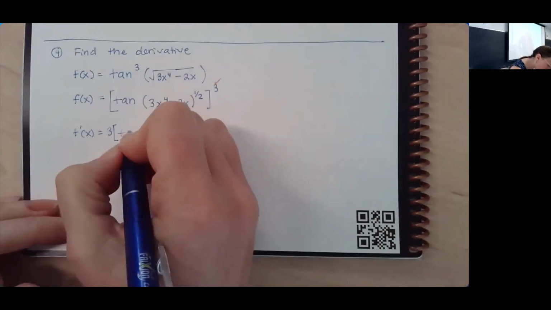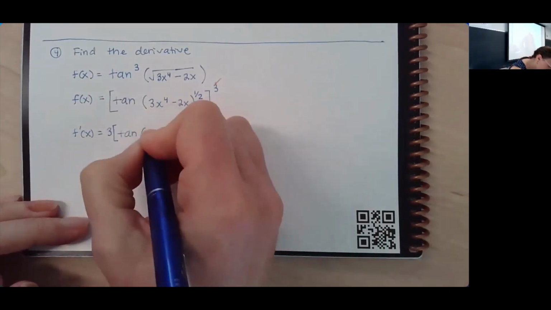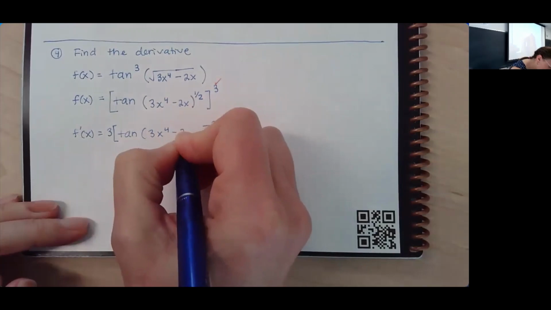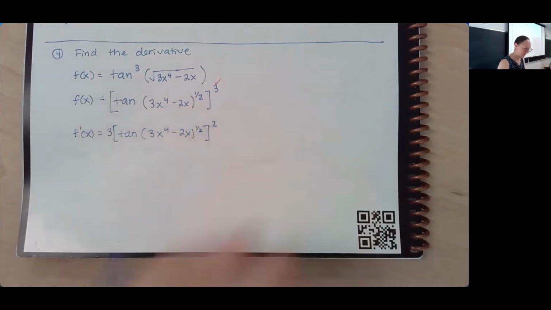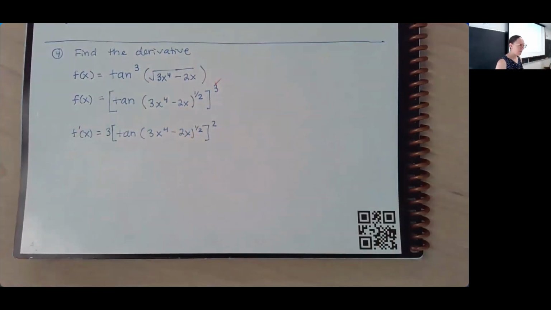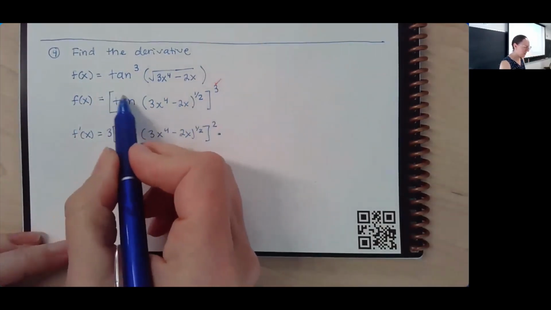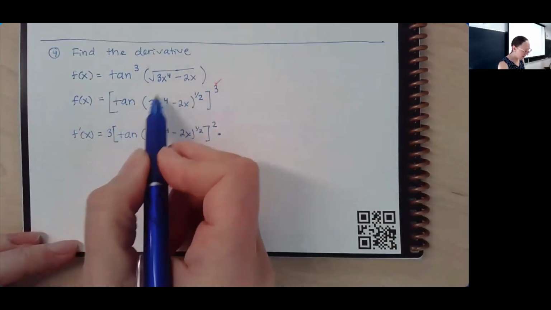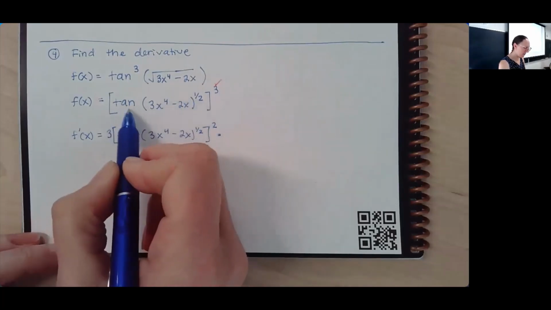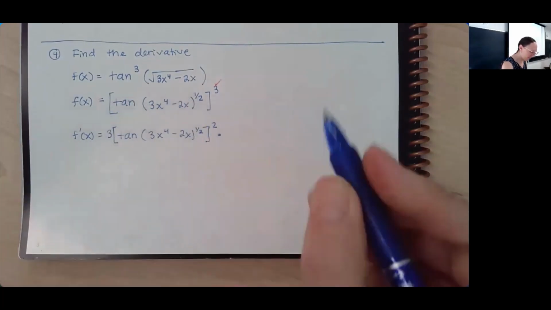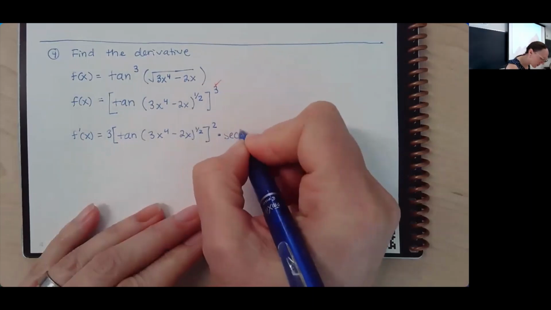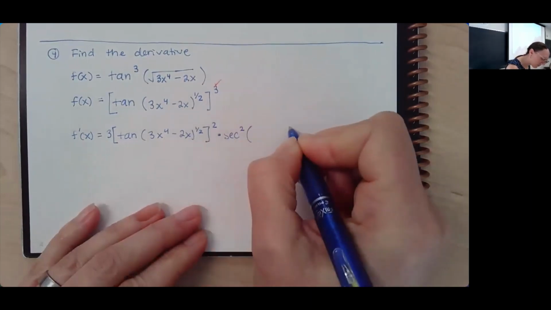And I've just got to rewrite the whole thing. So tangent of 3x to the 4th minus 2x whole thing to the 1/2. So now if I've peeled off that layer, the next thing that I'm going to hit is tangent of some stuff. And the derivative of tangent of some stuff is secant squared of the same stuff.